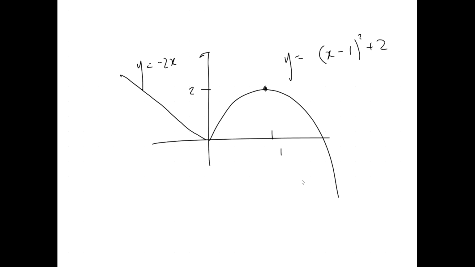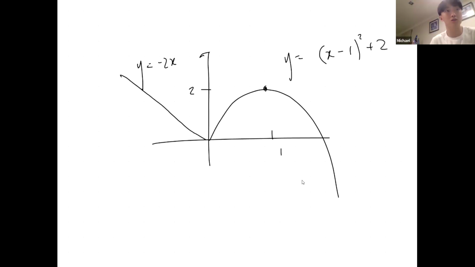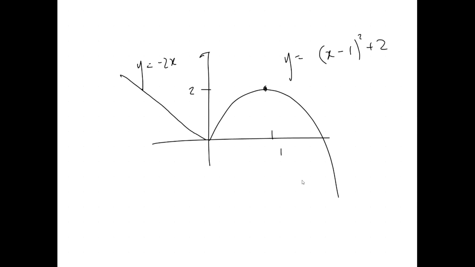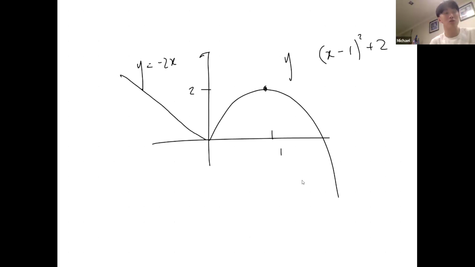But remember, there's a vertical stretch. Although this form gives you the vertex, the vertical stretch is the a in the front here. And Hannah, that's a very good answer. The vertical stretch can be determined by looking at this third point, which is 0, 0.